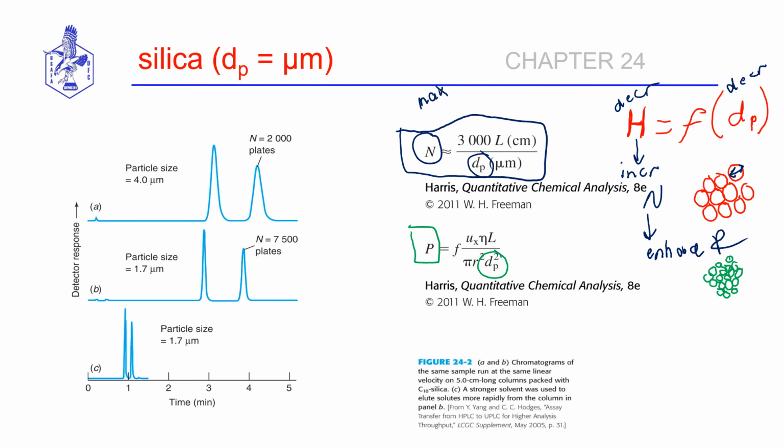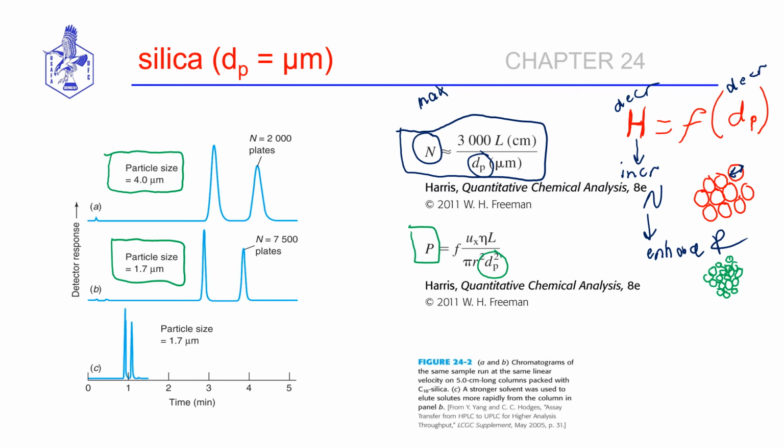The impact on a separation for different particle size is illustrated to the left. We have a sample being separated on a C18 column, everything being held constant except the particle size. Figure A is when our particles are 4 microns in diameter, and the chromatogram for figure B is when we used 1.7 micron silica particles.